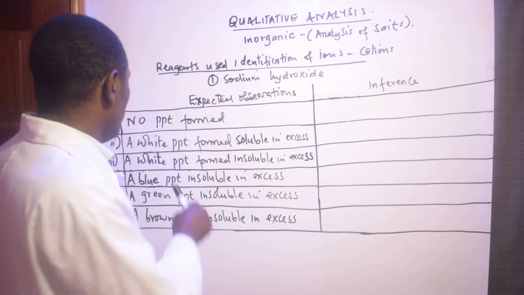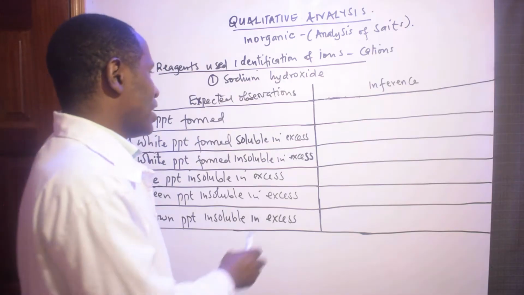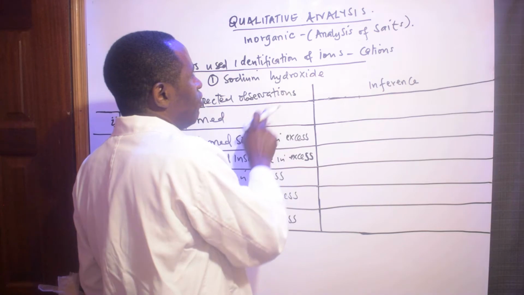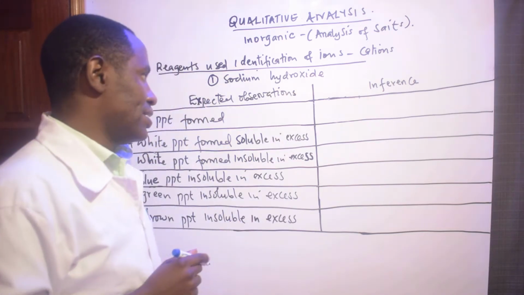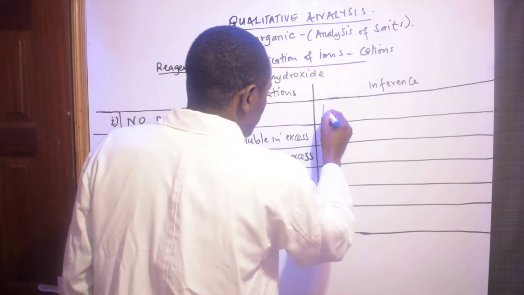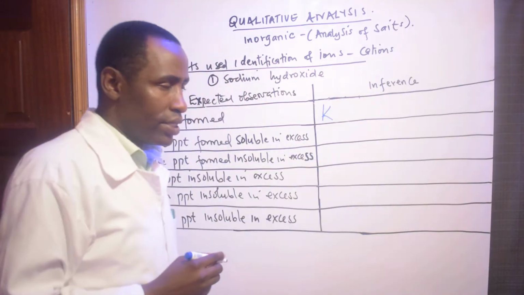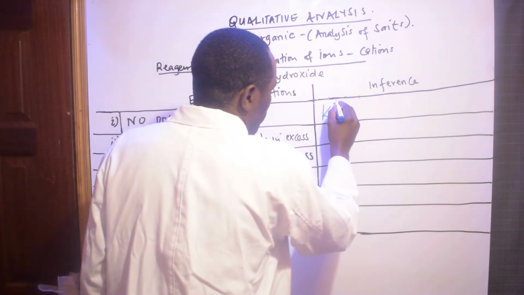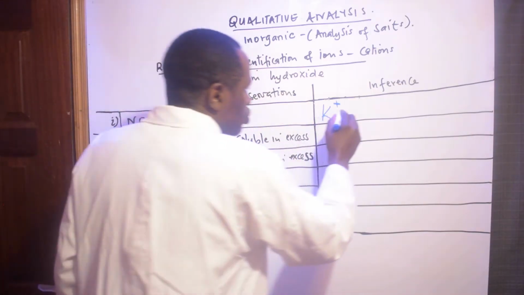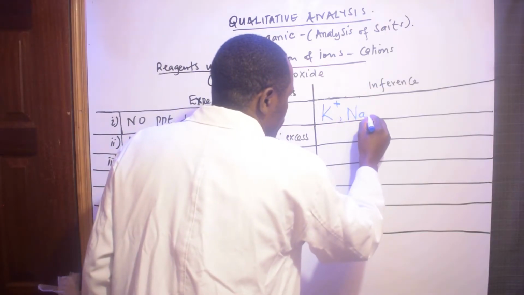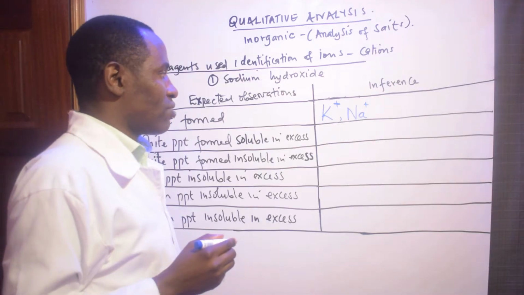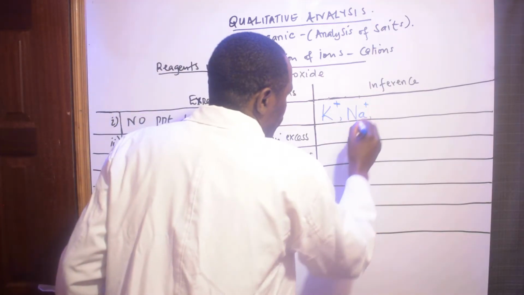So no precipitate formed means that the cation is forming a soluble hydroxide. Which are these soluble hydroxides? One is potassium hydroxide, therefore I'm going to have potassium ions; note the charge of potassium is 1 positive. Sodium hydroxide as well is soluble, and therefore it cannot form a precipitate.